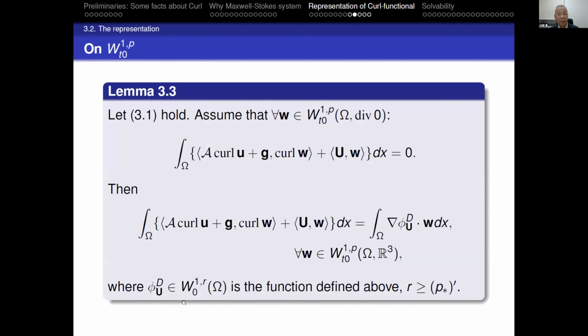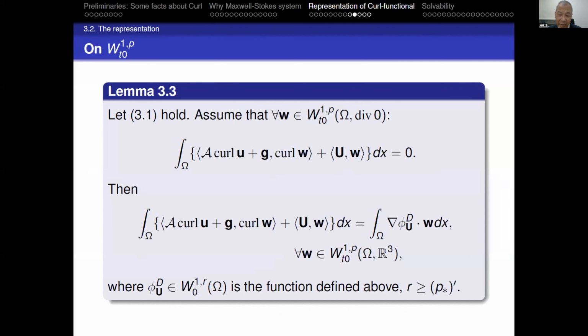Now we have the following lemma. The condition we gave before assumes that we have some kind of equation. This equality holds for any test field W in W^{1,p}_{T,0} with divergence 0, so W has tangential component 0. And we have this kind of weak solution.